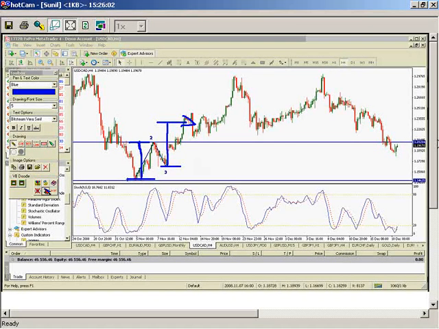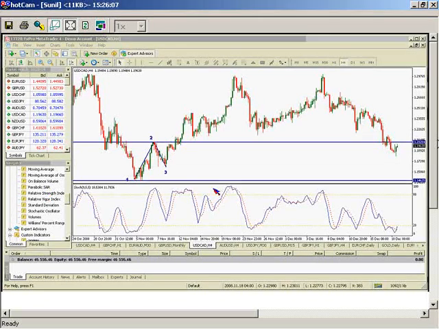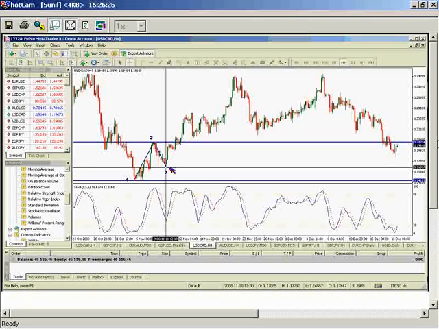Now let's calculate this. I have my price: the high of 2 is 1.2020. The low of 1 is 1.1462. This gives me a move of approximately 560 points. I am going to add it to the low of 3.